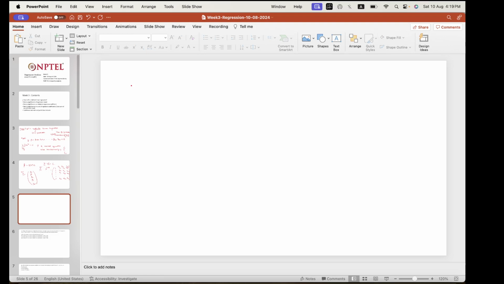We have also seen that these properties which were holding in simple linear regression will also hold in case of multiple linear regression. In simple linear regression, what did we see? Simple linear regression is a special case where k is equal to 2.